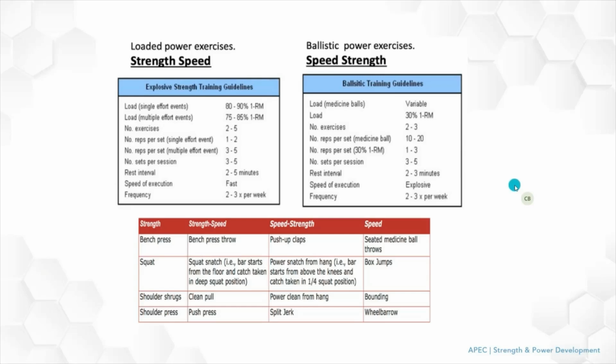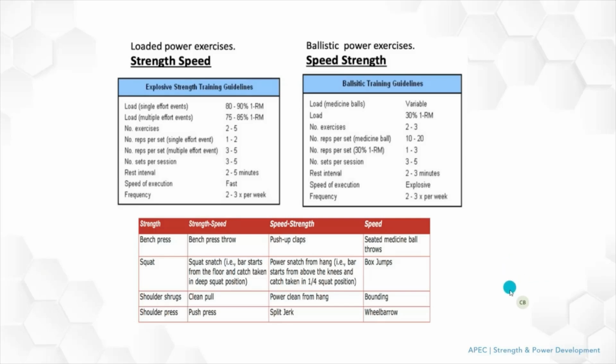Now, depending on the type of exercise, if you're doing repeated jump work or fast reactive medicine ball work, then you could do anywhere from 10 to 20 reps. But if you're doing weighted jump squats, you're looking at maybe 1 to 3 reps. Once again, you're doing about 3 to 5 sets per session with a long rest between, so 2 to 3 minutes, and you're looking to perform each exercise as fast and explosively as possible, okay?